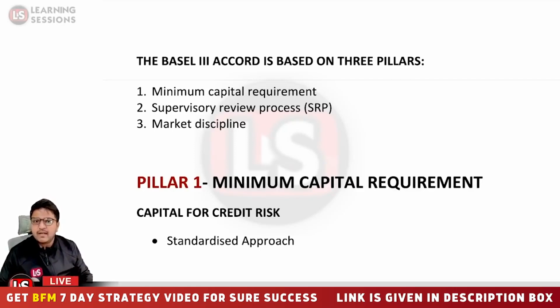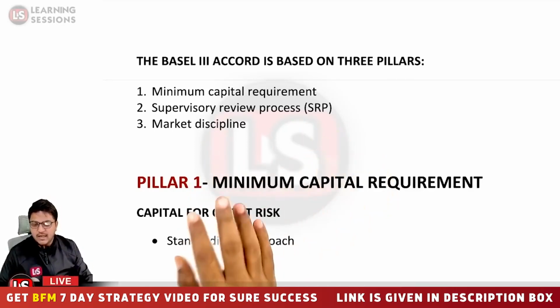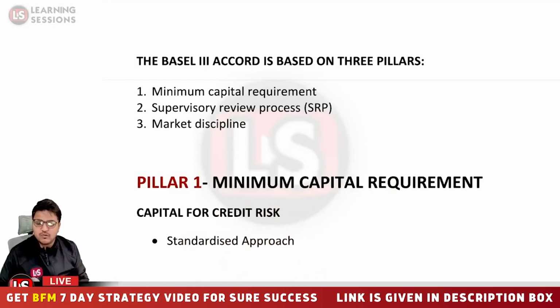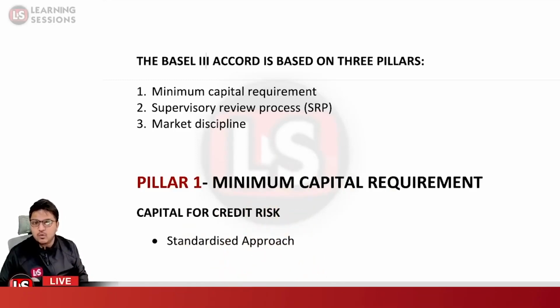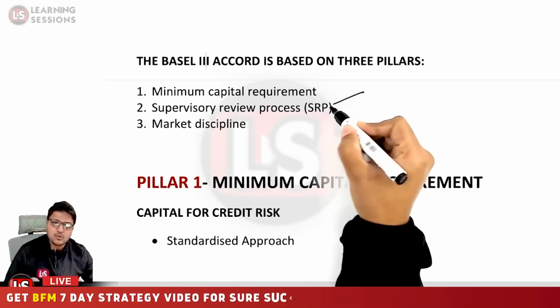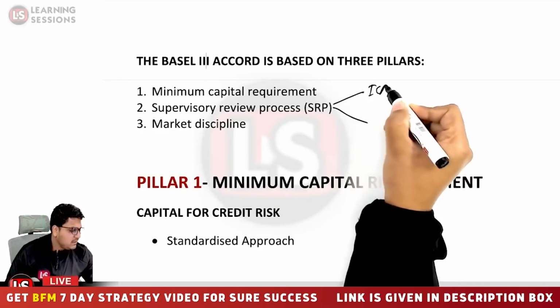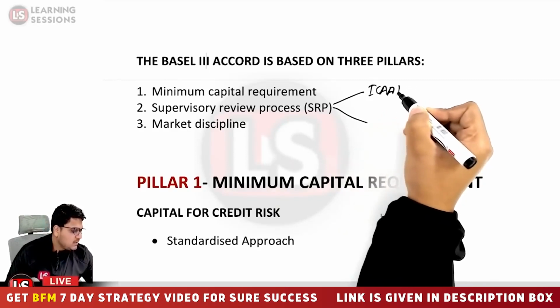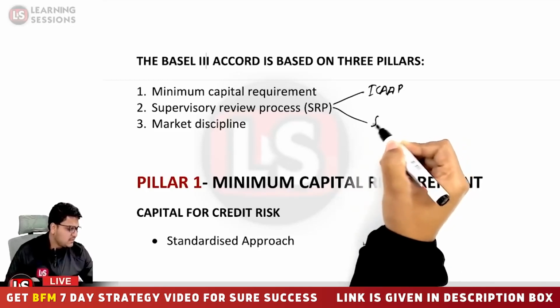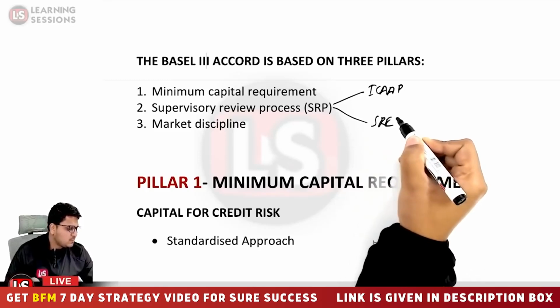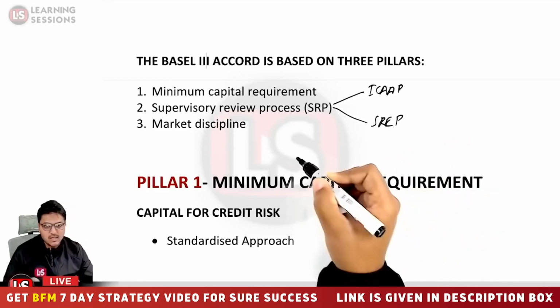And the second pillar is the supervisory review process. It consists of two components: one is ICAAP, the internal capital adequacy assessment process, and the other is SREP, the supervisory review and evaluation process.